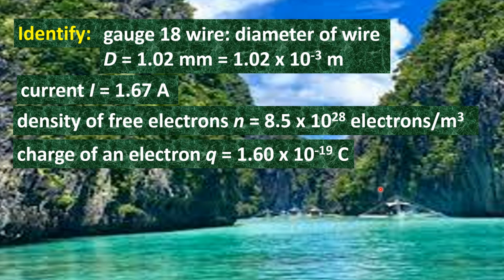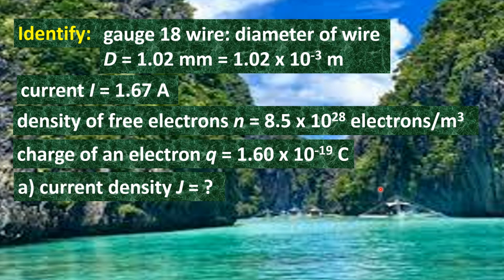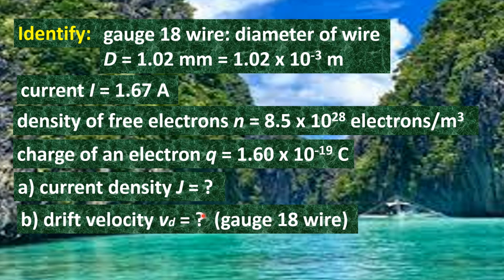Our target variables are: letter A, we are going to look for the current density denoted by capital J. Letter B, we are to calculate the drift velocity denoted by v sub d, for the gauge 18 wire.